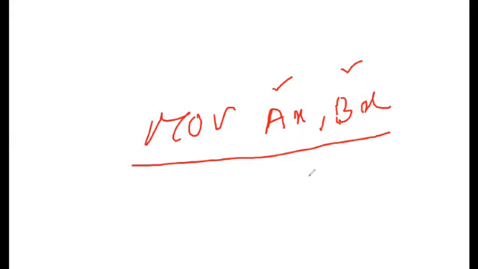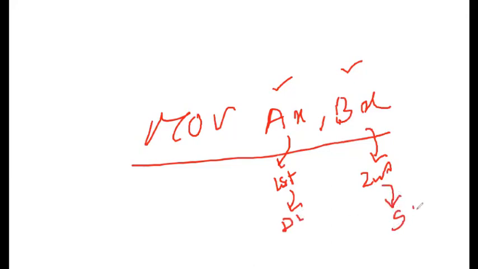Which one is the first, AX or BX? AX. So this is the first operand, the destination, and this is the second operand. The first operand you are going to consider as the destination, and the second you are going to consider as the source. Does it make sense? Yes, sir.